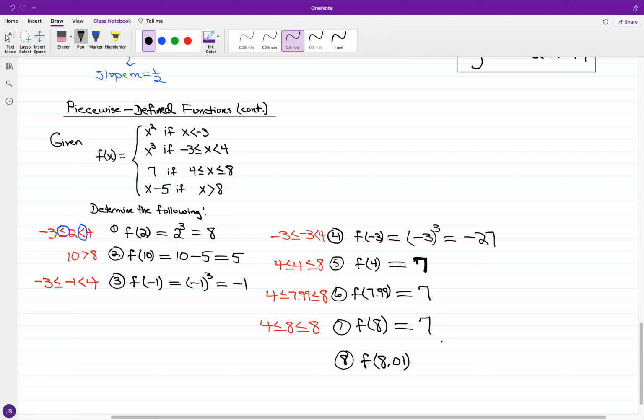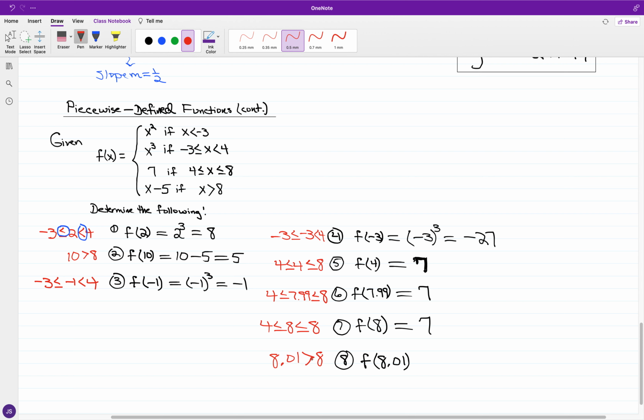And for f of 8.01, just like the number 10 from earlier, that is greater than 8. So in terms of which of the four types of functions, it's going to be the last case.